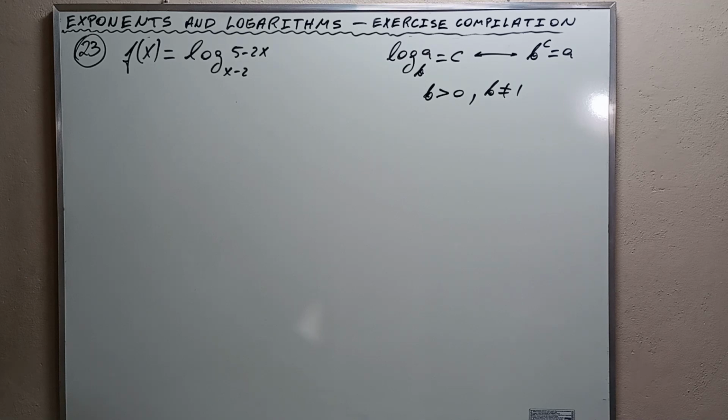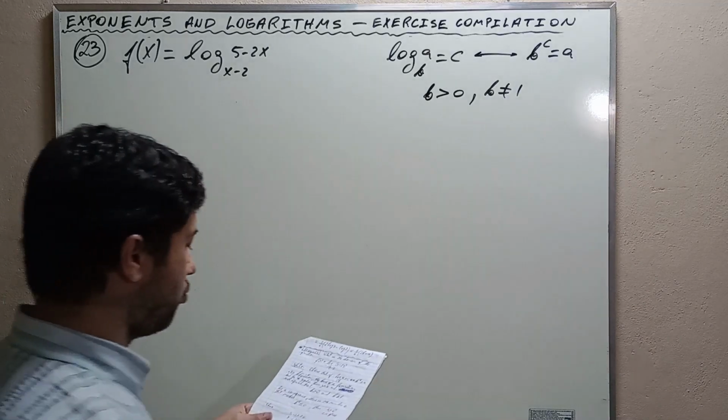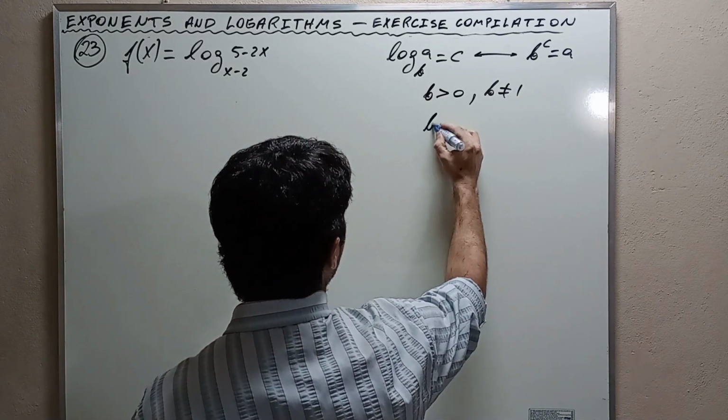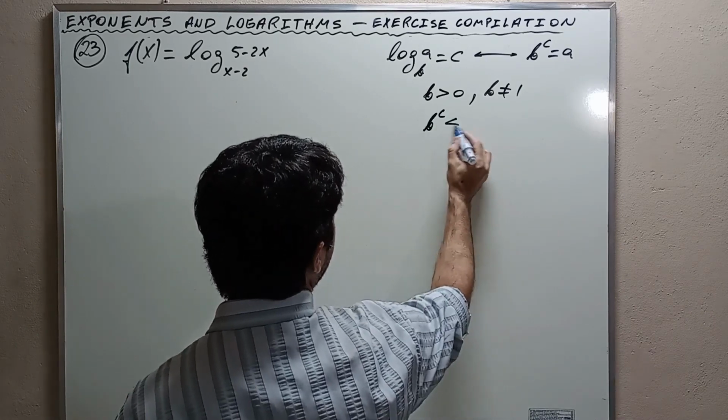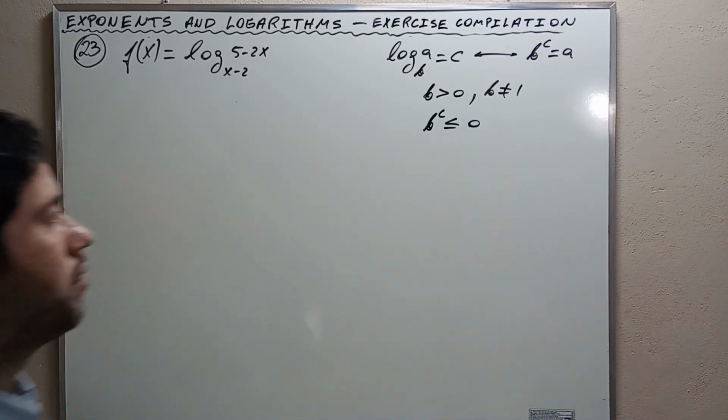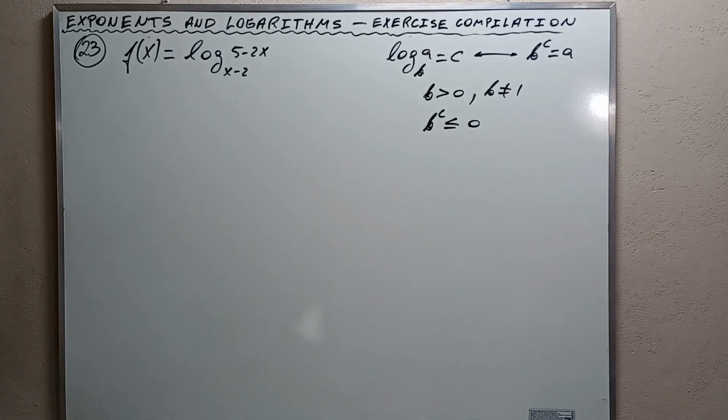As a consequence, there is no number c that makes b raised to the power of c less than or equal to 0.